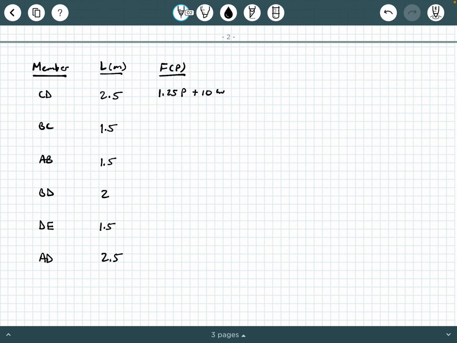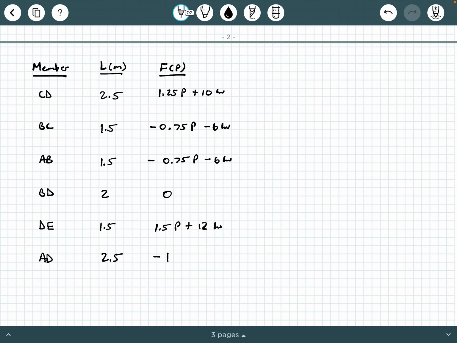And I know it's a lot of writing, but again, it's better to spend an extra couple of minutes writing things down and hopefully get the problem completely correct rather than trying to rush and not be very organized and then making a lot of mistakes.